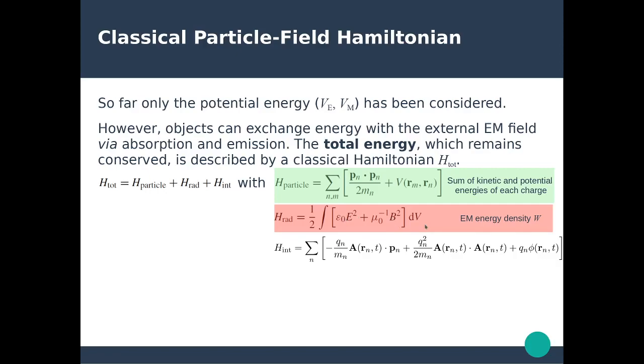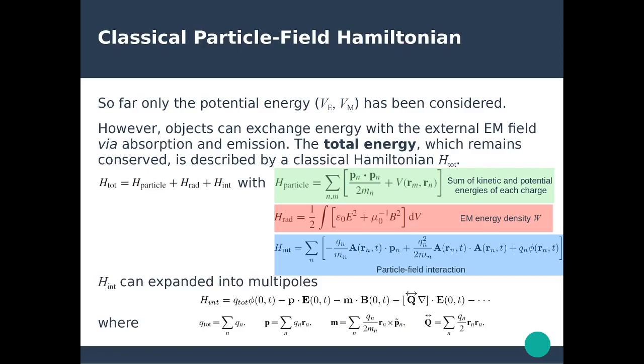The last term of this Hamiltonian is related to the particle-field interaction. This is the energy resulting from the interaction between the electromagnetic fields coming from the incident light and your distribution of charges, whether it's a molecule or a nanoparticle. This interaction term can also be expanded into multipoles.